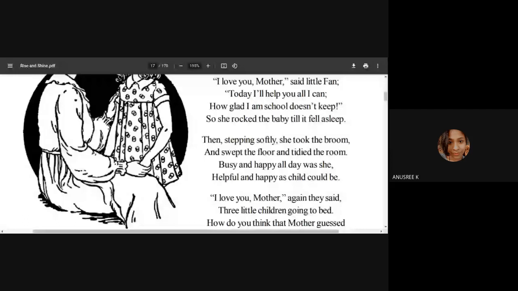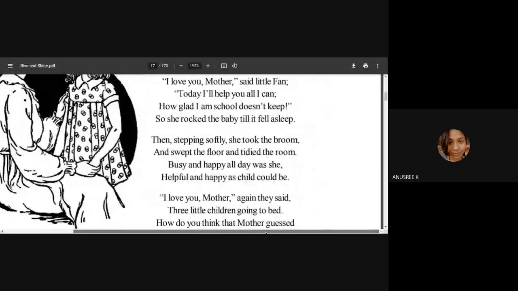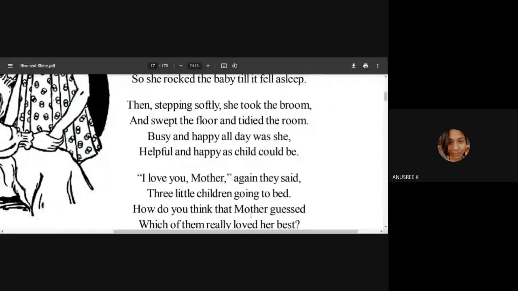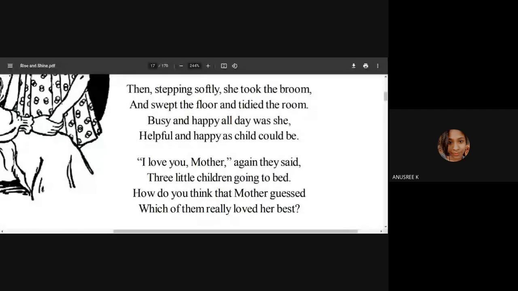Then stepping softly, she took the broom and swept the floor and tidied the room.